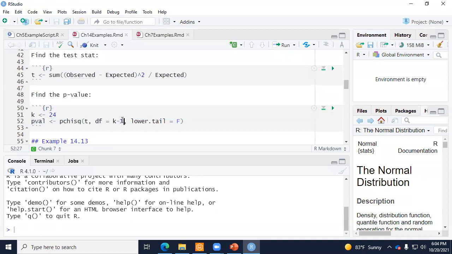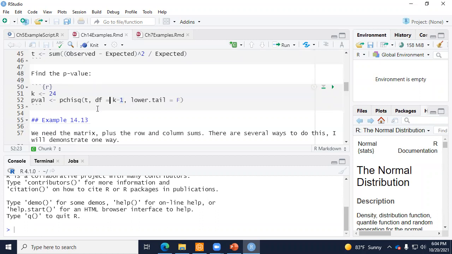Do not get confused with the t distribution, where your degrees of freedom is n minus 1. In this case you have an n, and you also have a k, but remember to use k minus 1 for this chi-square distribution. We get our p-value by specifying lower tail equals false, meaning we are taking the upper tail.